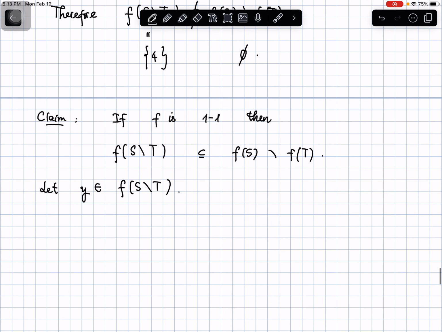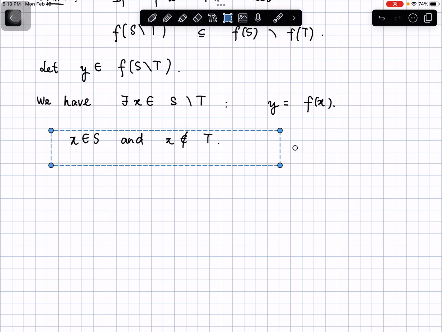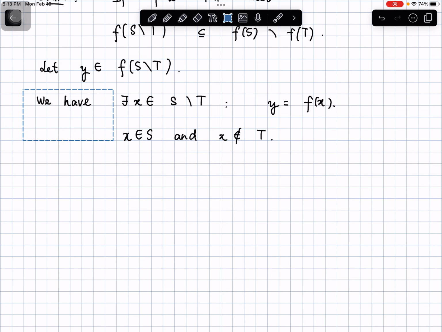By the definition of image, we have x in S minus T such that y equals f(x). Since x is in S minus T, we have x in S and x not in T.